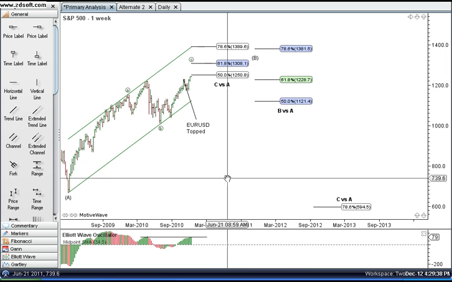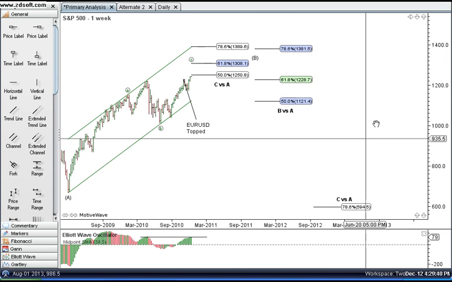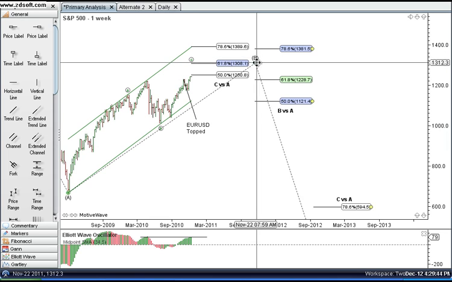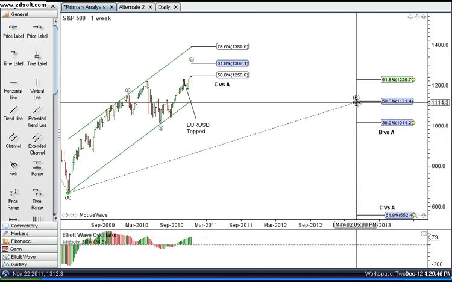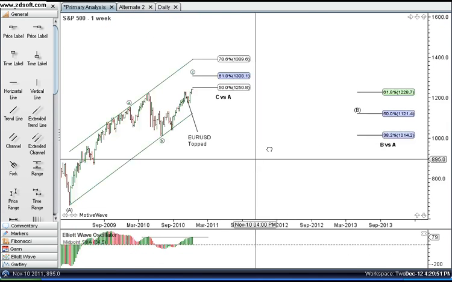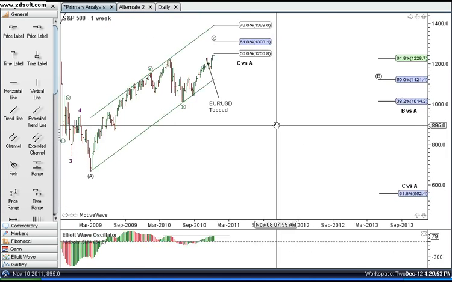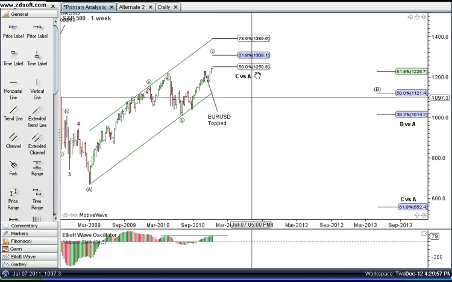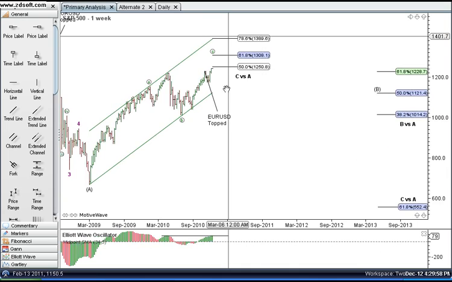And this thing can go A, B, C, D, E, and if E ends over here somewhere, you're looking at 205. That's a scary thought, but I still think there's a little more upside.